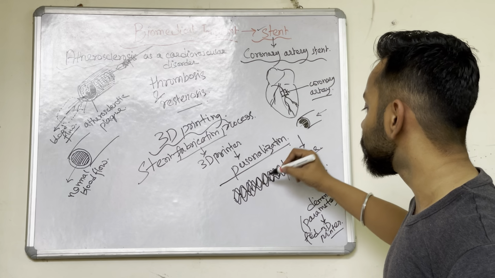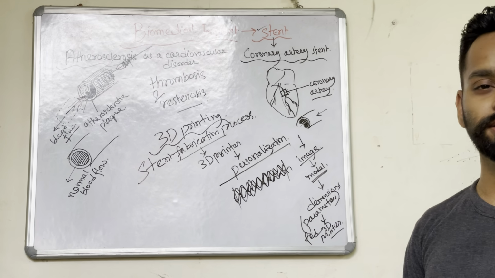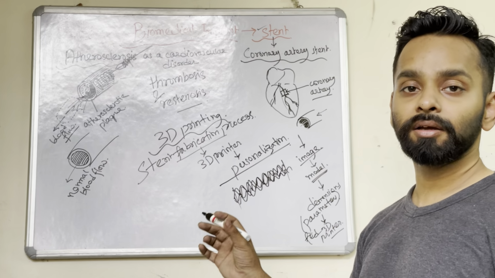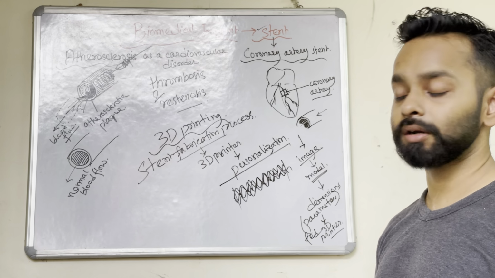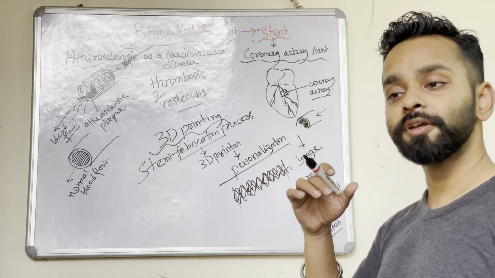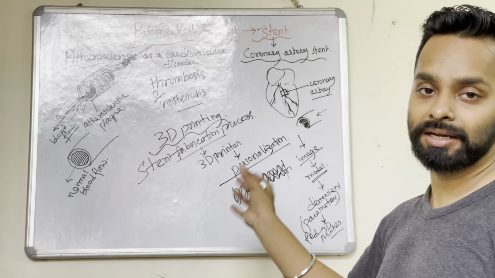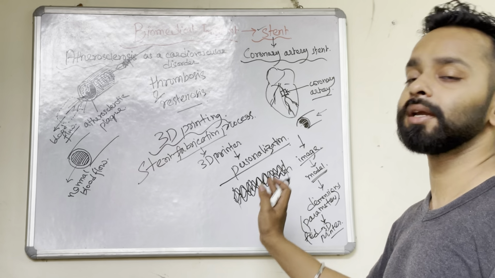So if the internal diameter of the coronary artery is about 3 to 4 millimeters, then exactly the stent will be fabricated through the 3D printer, with dimensions exact to that of the particular section of the coronary artery in which the stent has to be placed.